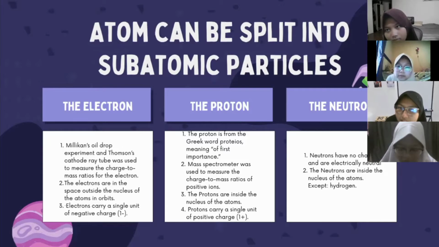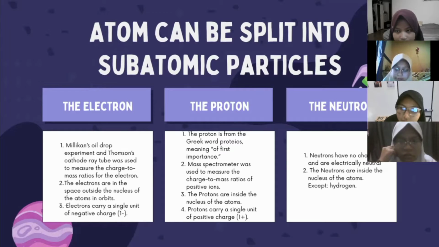And the second one is the proton. The proton is from the Greek word proteus, meaning first importance. A mass spectrometer was used to measure the charge to mass ratio of positive ions.